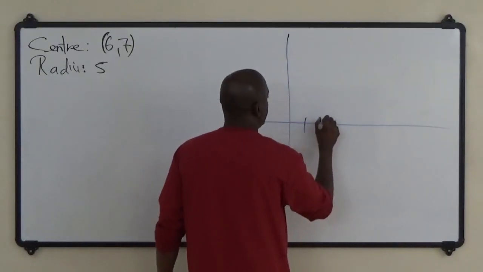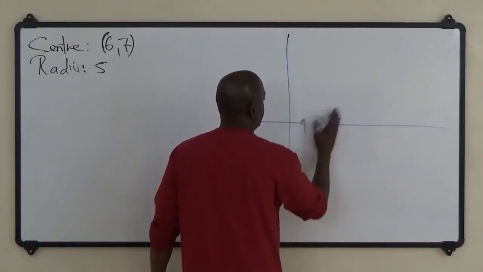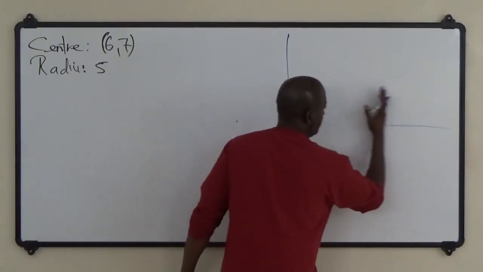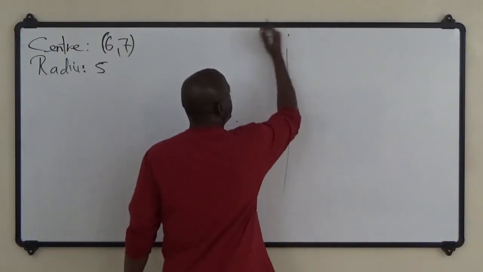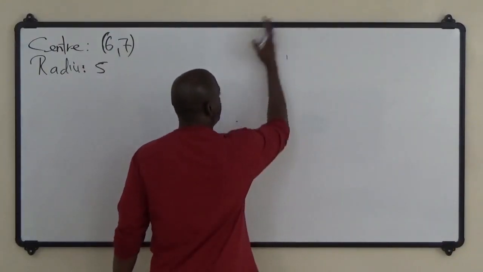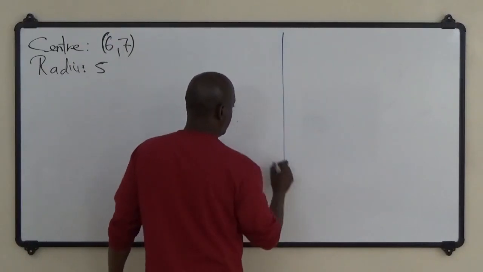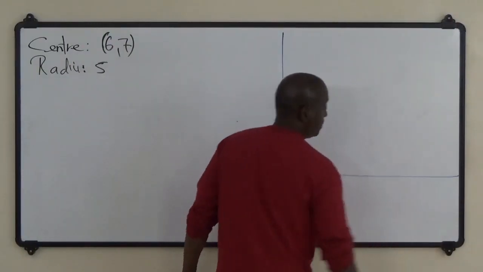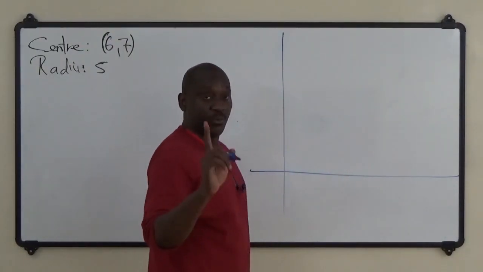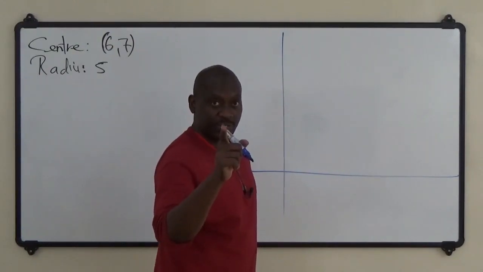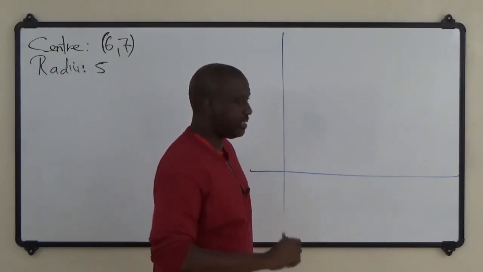So 1, 2. Now I'll need some more space. We need one quadrant here. Notice I'm using some specific vocabulary, right? I'm talking about quadrant. You could deal with that in more detail when we start to do the trigonometry later in section 2.